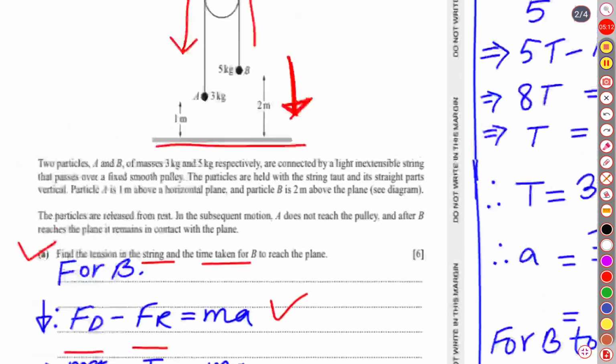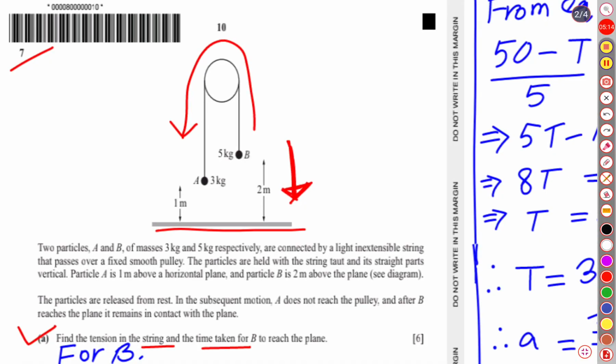Let's see the state of A. What is happening to A? Look at this, A is over here and it is moving upward by the tension. So the only driving force acting on A is the tension. Tension is moving it upward, and the force resisting it downward is nothing but the weight. So it's just vice versa.